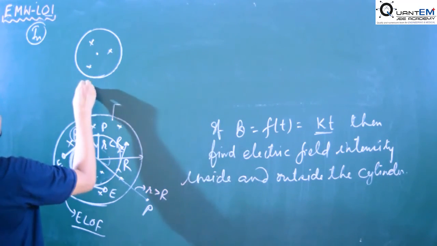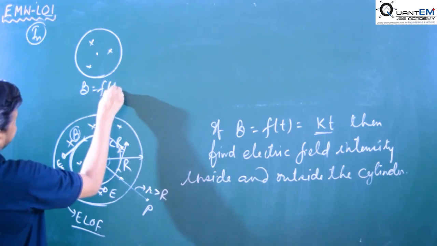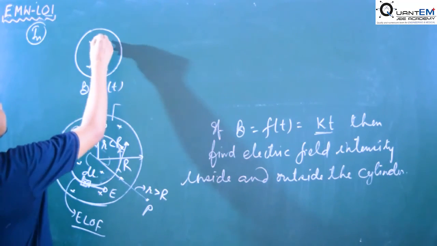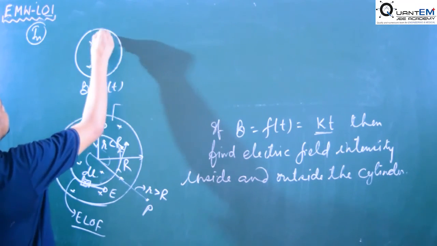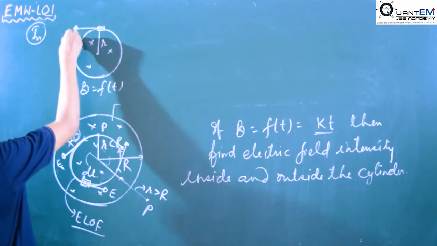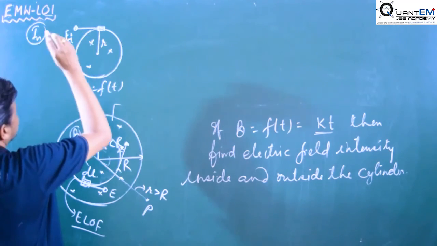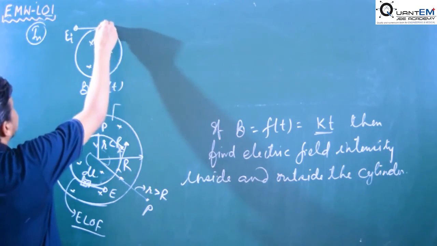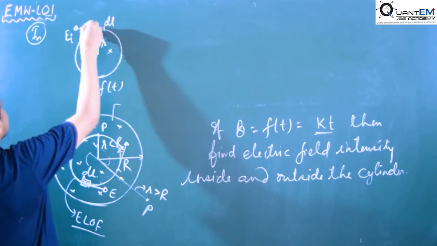Okay. तो inside अगर हम लेते हैं तो internal part में magnetic field B is a function of time. Okay. This distance we have R. Induced current के direction में we have electric field E inside the cross section और ये dl element है हमारा. E and dl are in the same direction.